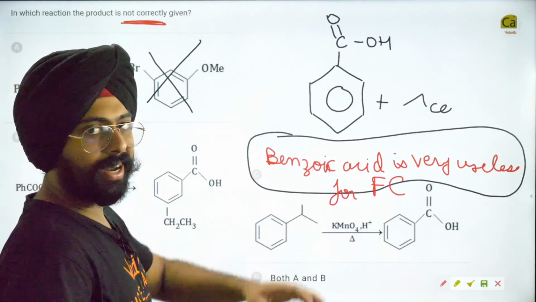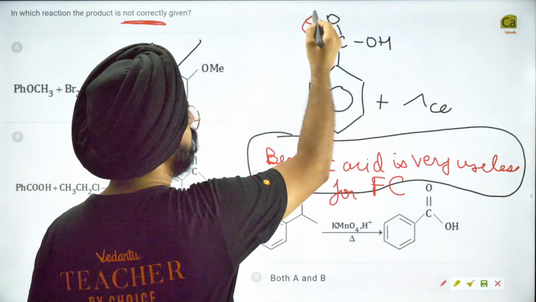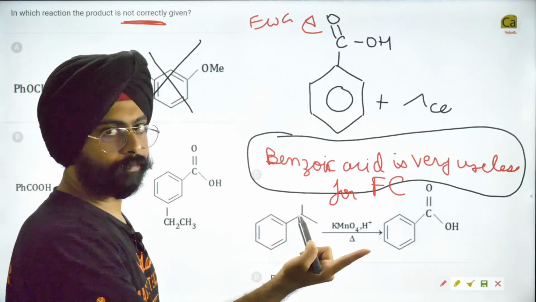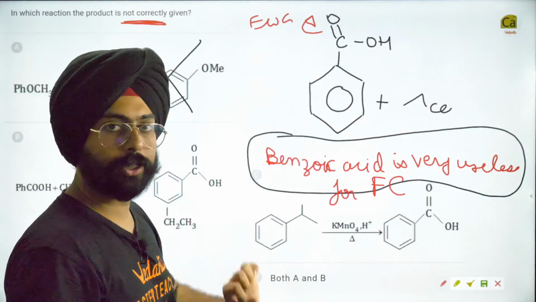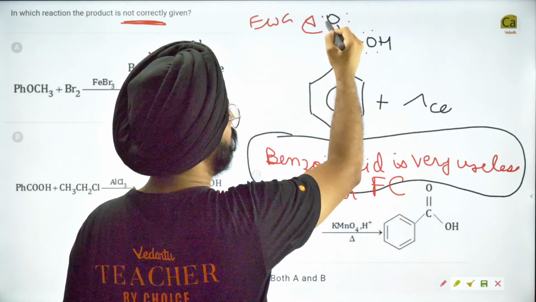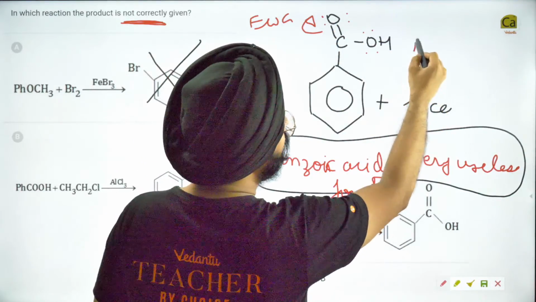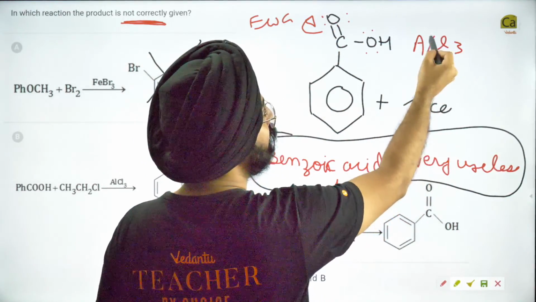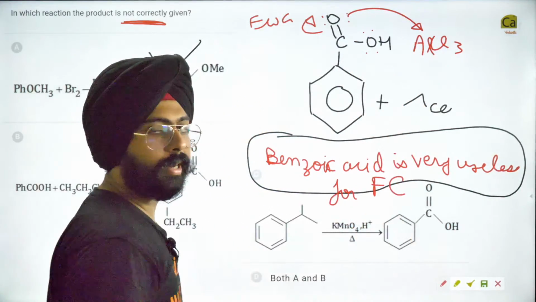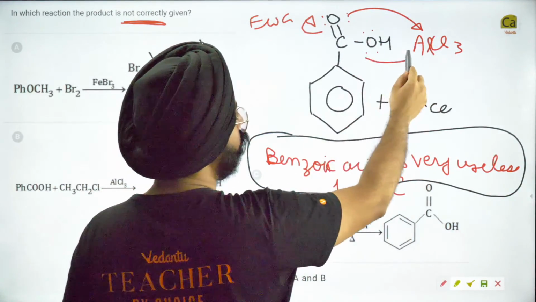Remember this. Why? First of all, benzoic acid has an electron withdrawing group. This is deactivating, so it deactivates the ring. Second, you have lone pairs on oxygen. These lone pairs can combine with AlCl3. AlCl3 is a Lewis acid, so you can give one of the lone pairs over here directly.